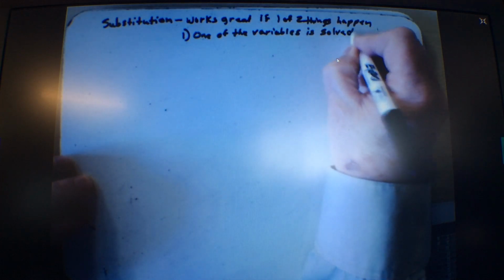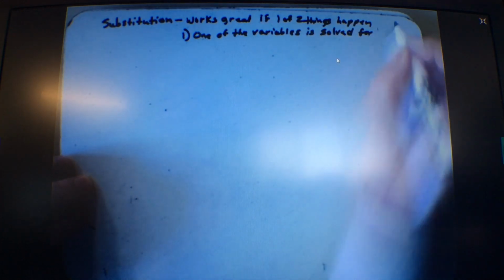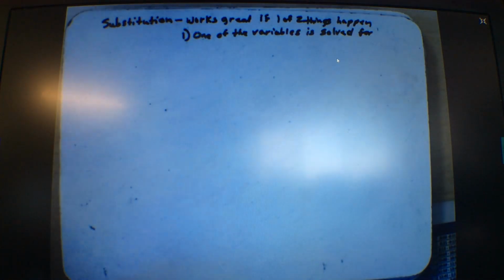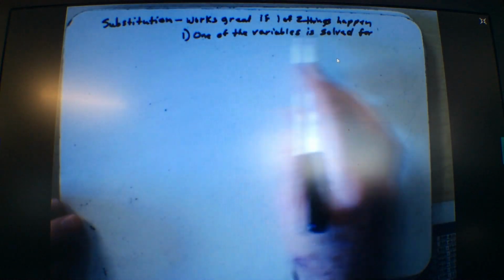Did I say y? Can it be x? It can be x or y, it does not matter. Now, most generally, we solve for y, don't we? We solve for y because we can graph it easily, right?